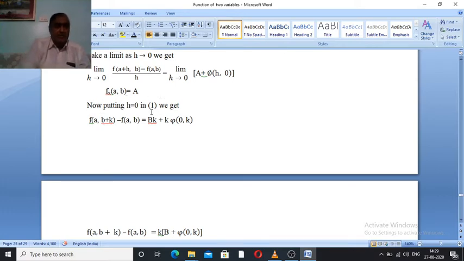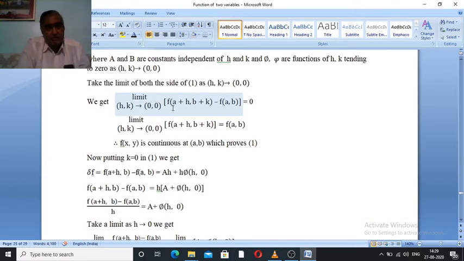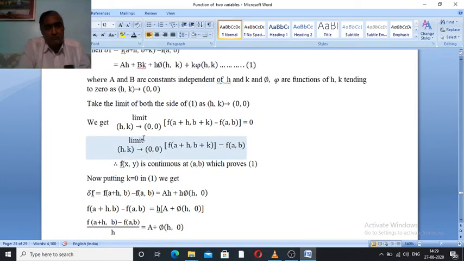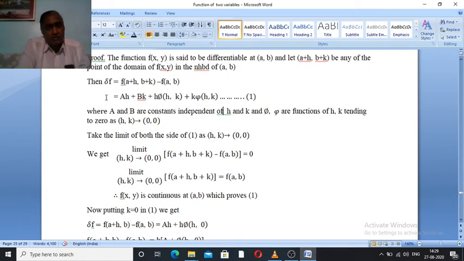Now putting ah is equal to 0 in equation 1, we get, f of a plus 0 is a, f of a, b plus k minus f of a, b is equal to, here a into 0 is 0 plus bk plus 0 into phi is 0 plus k psi 0k.